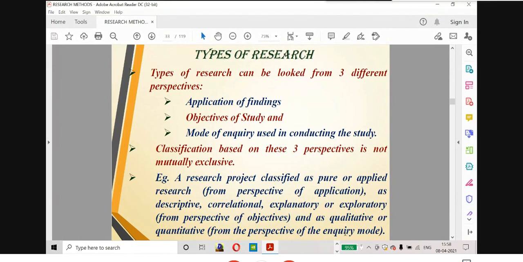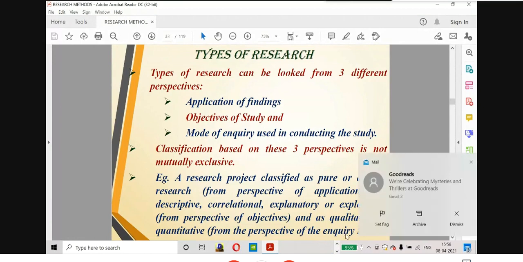So here is a list of types of research with respect to these three perspectives. Now, from the perspective of application, your research can be classified as pure research or as applied research.